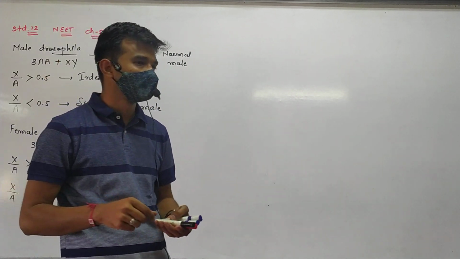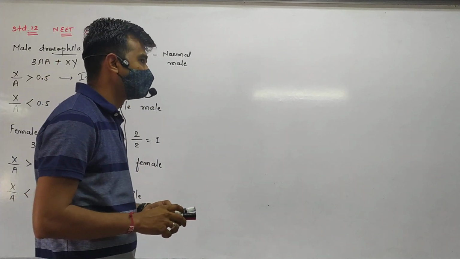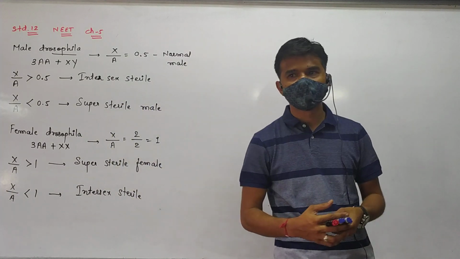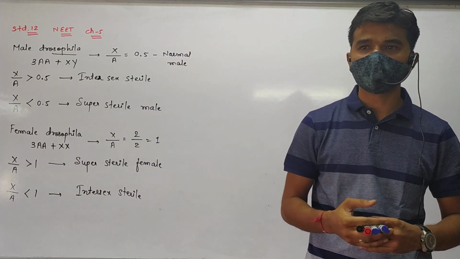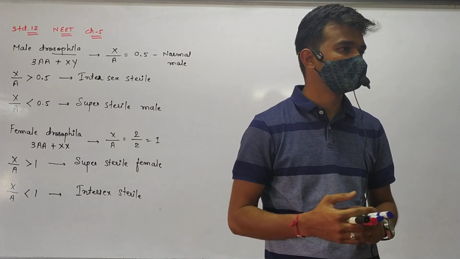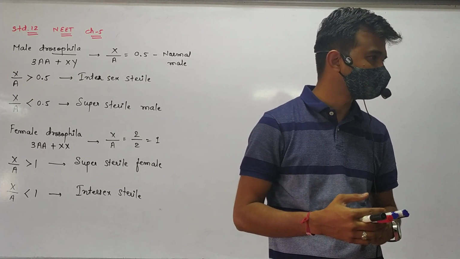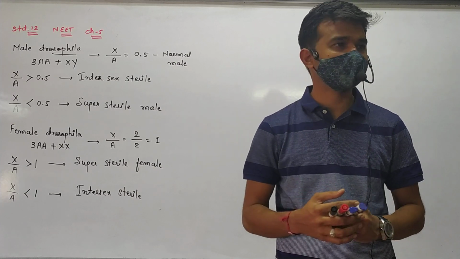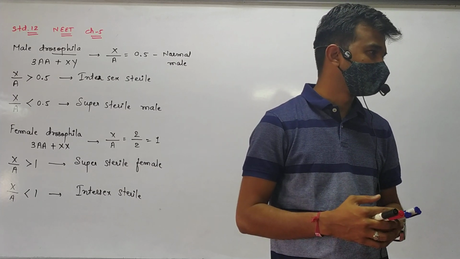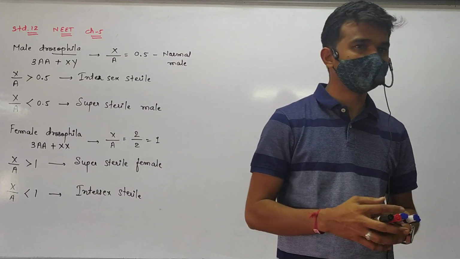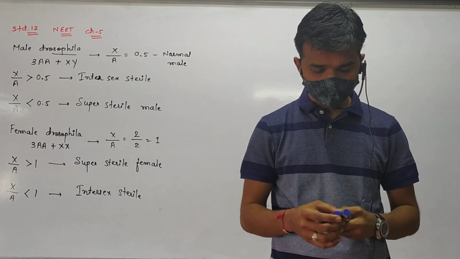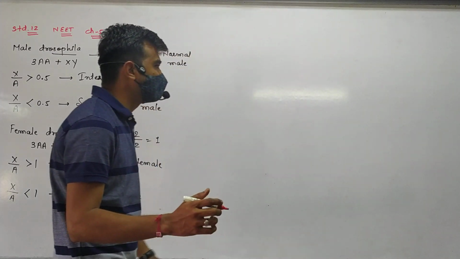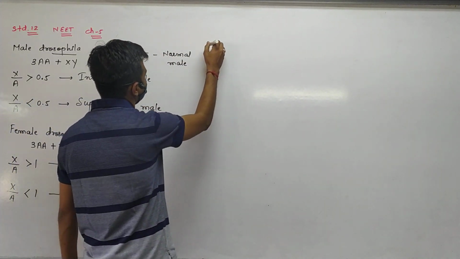Now, actually, the next topic I want to discuss with you is actually a topic of the 7th chapter, but it is not there in the syllabus. But in NEET, it is frequently asked. I am just talking about gene frequency.